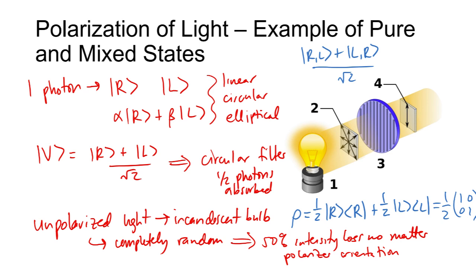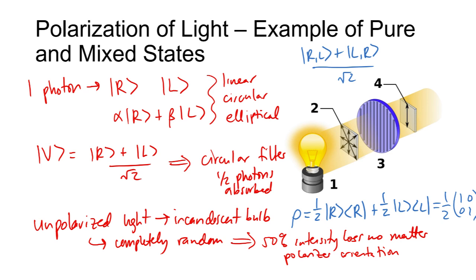Okay, so let's consider vertically polarized light. We'll call it V equals (R plus L) divided by square root of 2. So this is a polarization state for our light, where we have the coefficients on R and L the same.